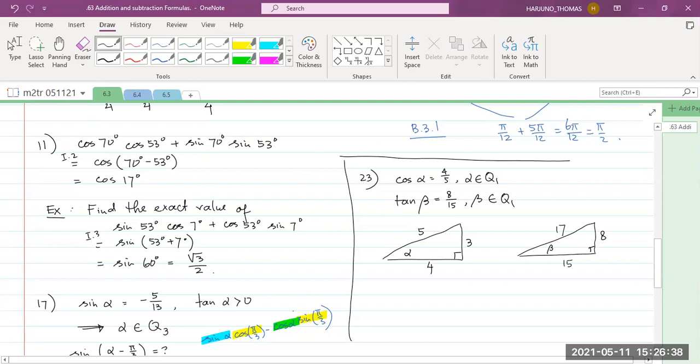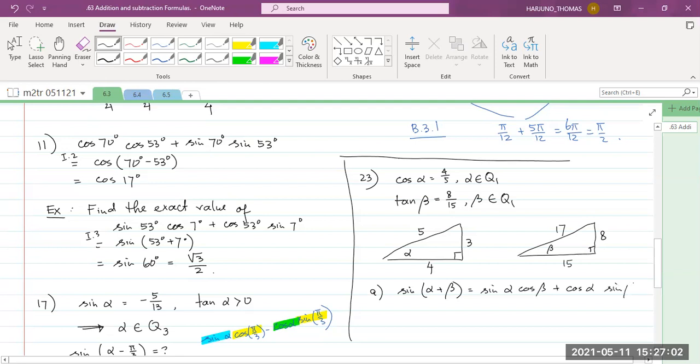So part A, what is sine alpha plus beta? This will be sine alpha cosine beta plus cosine alpha sine beta.